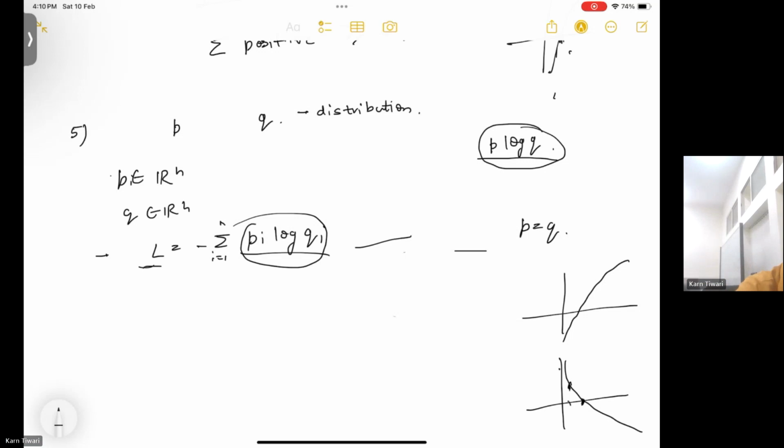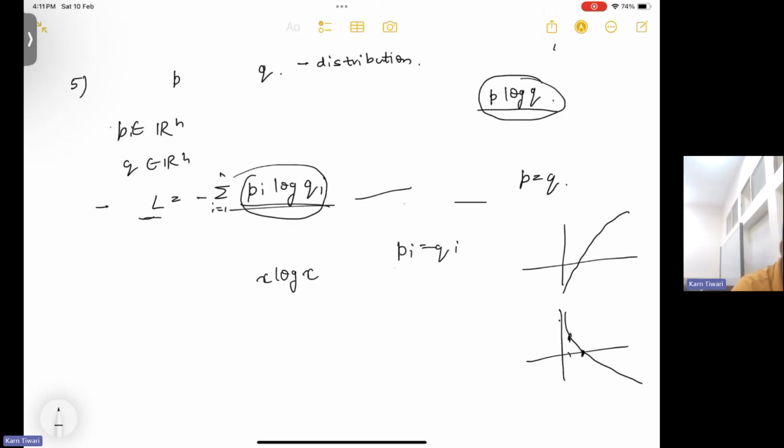You can think of it as just x log x, and we want to find the minimum value it can take. It's only possible when both of my terms are equal, that is Pi is equal to Qi. So the correct answer is P equal to Q.